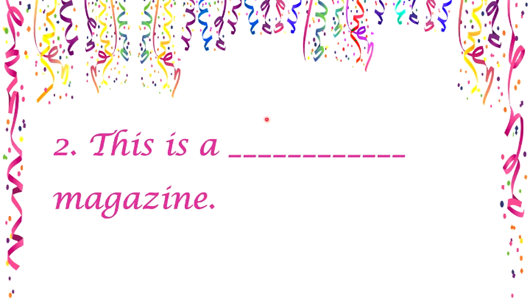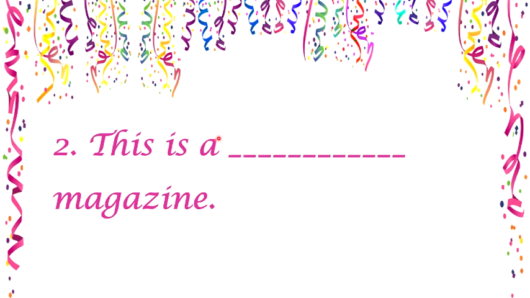Now children, whenever you put an adjective, be very clear about the article which is used before your blank. Because if your article is a, that means your adjective should start with a consonant. Okay? So we can write, this is a new magazine, this is a women magazine, this is a kids magazine, this is a boring magazine.